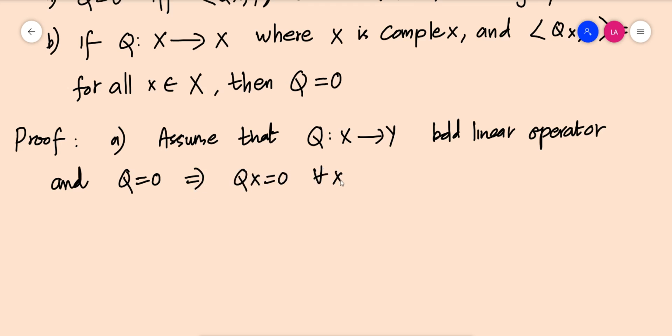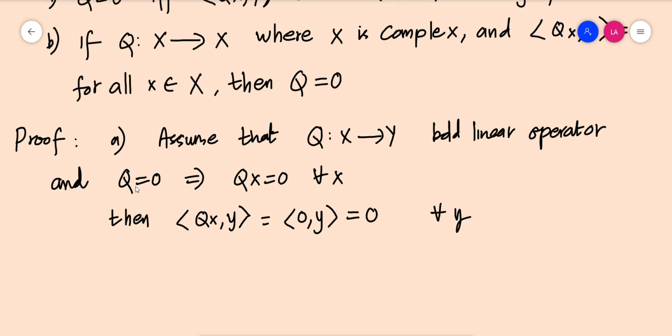Q is equal to 0 implies Qx is equal to 0 for all x. Then <Qx, y> should be equal to <0, y>, which is equal to 0 for all y. So when Q is equal to 0, we can say that <Qx, y> is equal to 0 for all x and for all y.